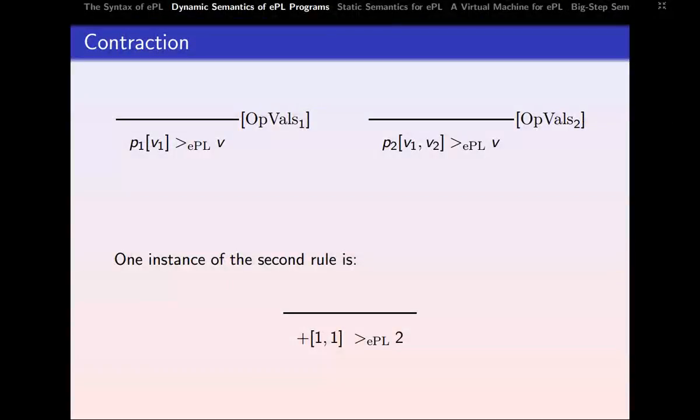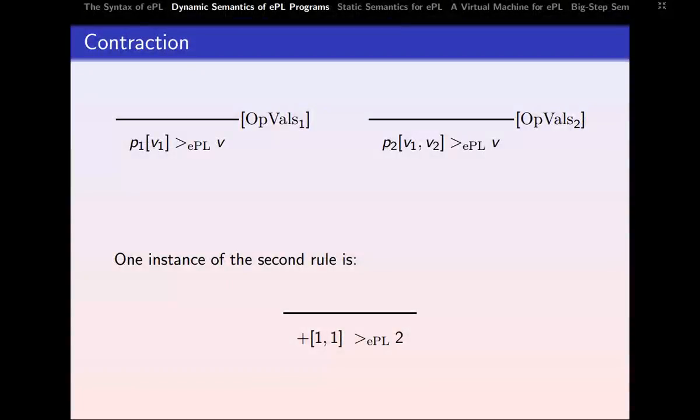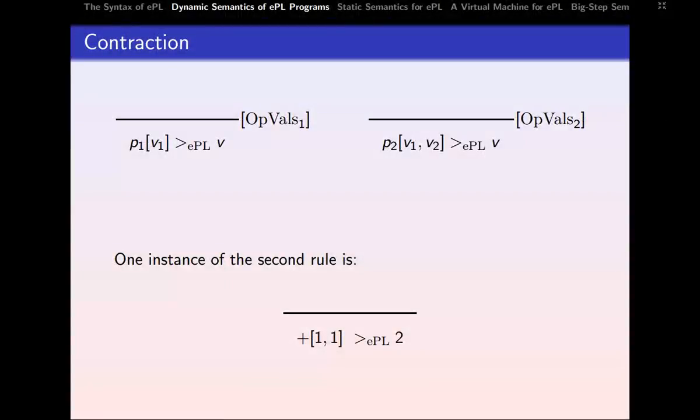So this is a rule schema. It's a big set of rules, and I would enumerate all the valid arguments v1, v2, and all the operators. But since 1 and true are not valid arguments to plus, 1 plus true will never appear anywhere in the rule schemas. Why is 1 or true not a valid argument to plus?